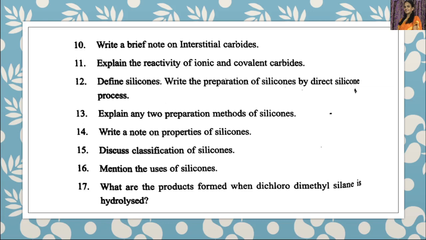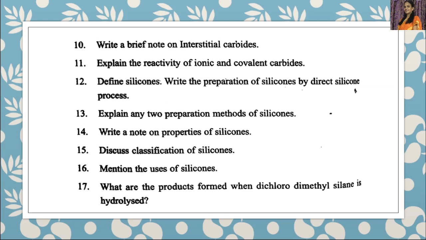Next question is to discuss the classification of silicones. How are silicones classified? Silicones are classified into three major classes. One is straight chain silicones, second is cyclic silicones, and third is cross-linked silicones.